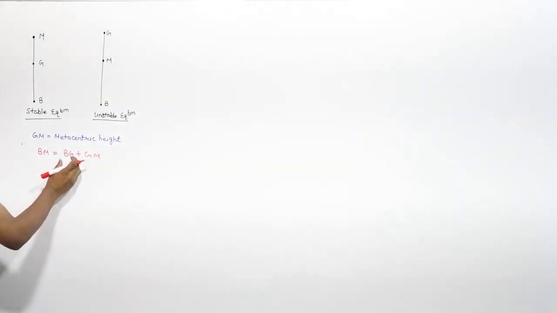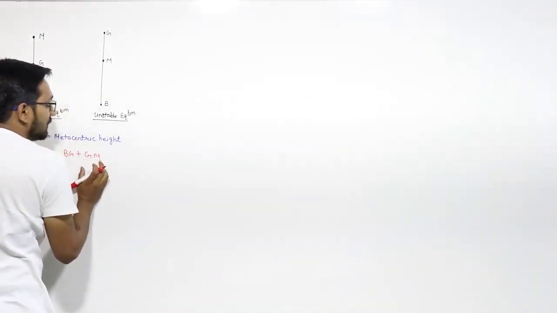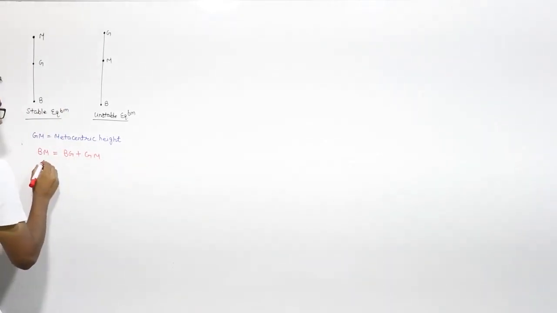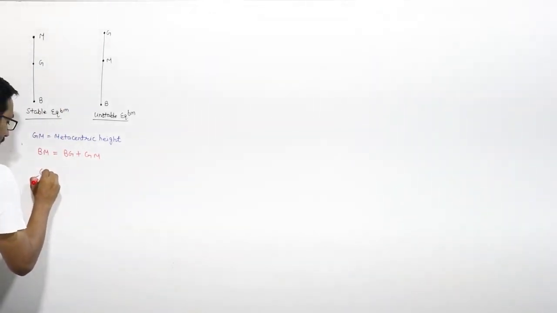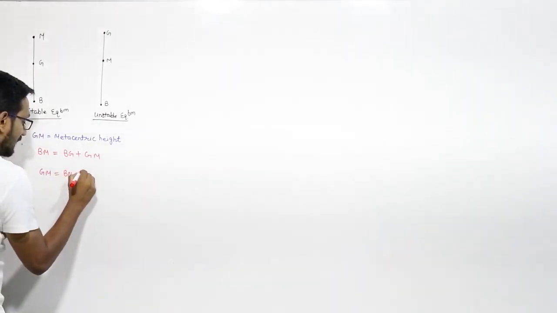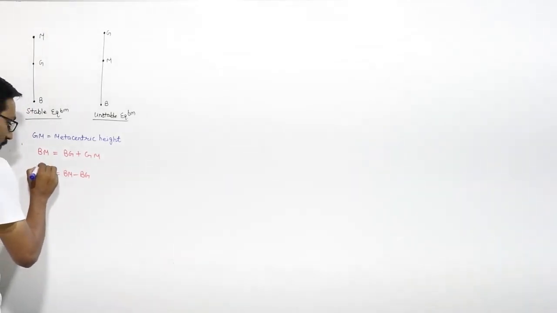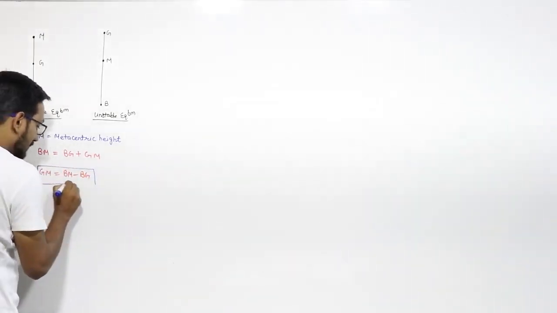BG is the distance between the center of gravity and the center of buoyancy. GM is your metacentric height. So from here you can write GM will be equal to BM minus BG.